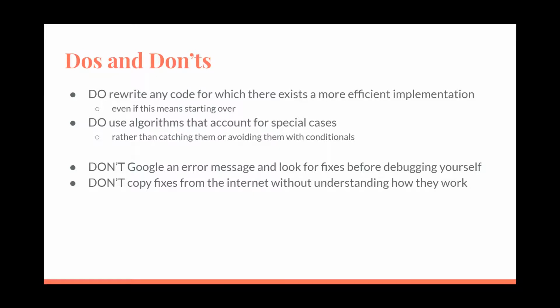The reason is that if there's a case in which you can use an algorithm that accounts for all special cases or more special cases, that's usually going to be a stronger algorithm, and it's usually going to be more effective in solving the problem, which, once again, is one reason why we program.